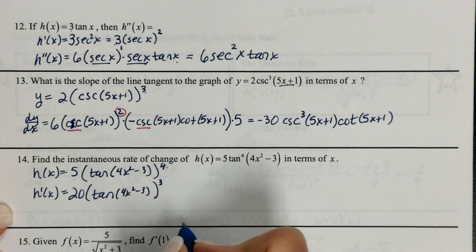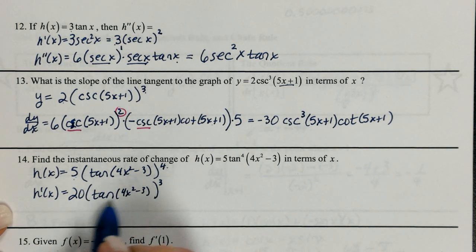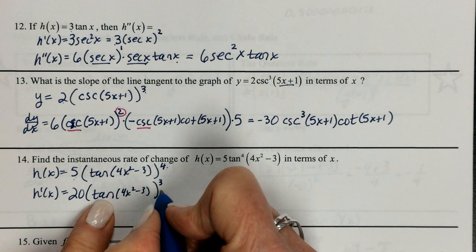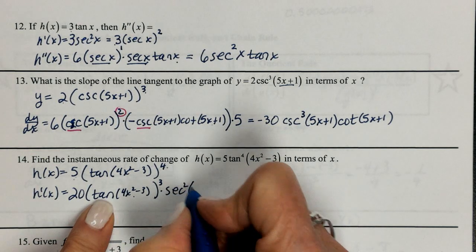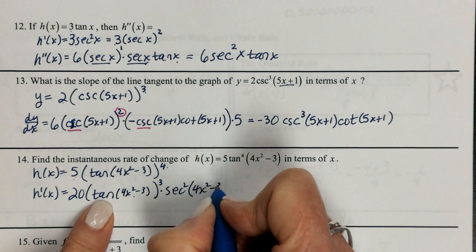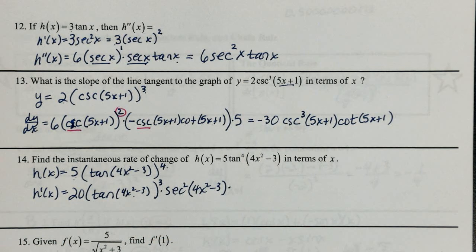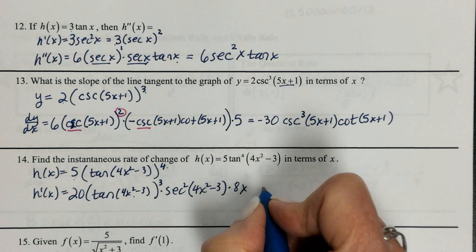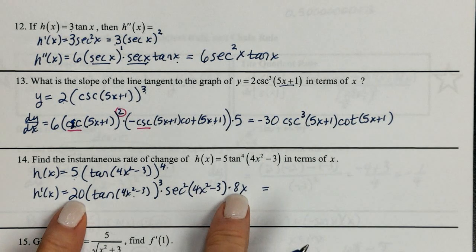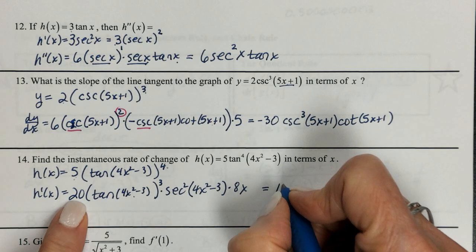Reduce your power by 1. Now the derivative of the inside. Well, the derivative of tangent is secant squared. Whatever was the argument stays the argument. The last thing you do is multiply by the derivative of the argument, 8x. Multiple choice answer, 8x times 20 is 160x.